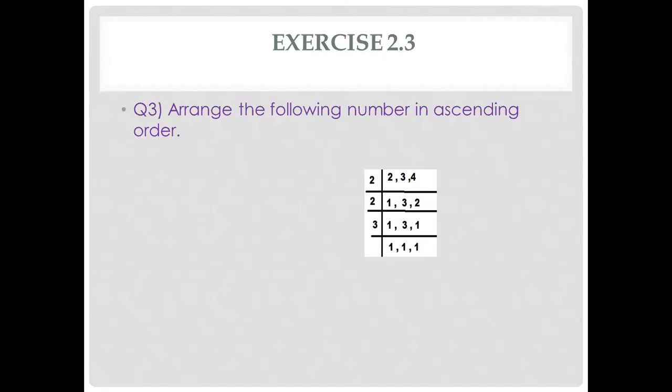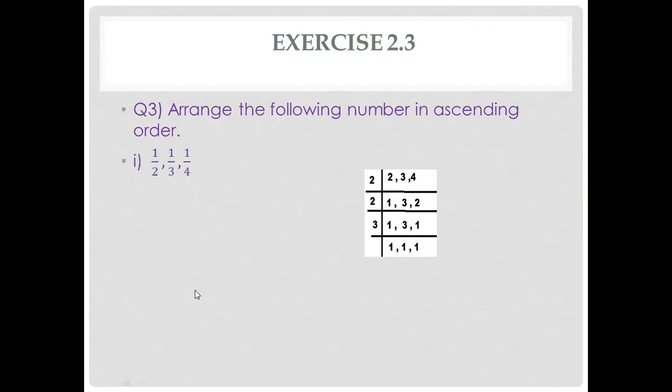When the denominator is the same, then from the numerator we can easily know which one is the smallest number and which one is the greatest number, and according to that we arrange in ascending order from smaller to greater. Come to the first part of question number 3.